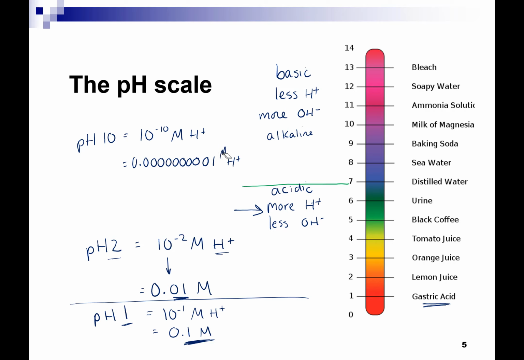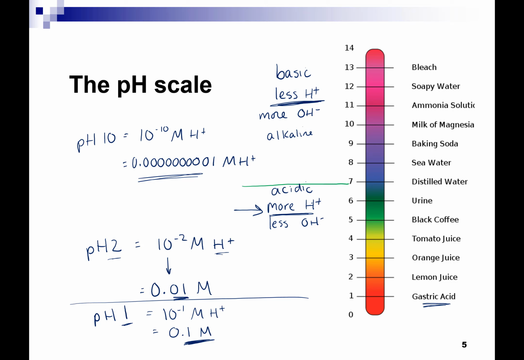Oops, let me put my molar. Right, this is a really small number. So the higher the pH, the smaller amount of hydrogen ions. The lower the pH, the more hydrogen ions. And it's because our molarity is at that negative exponent.